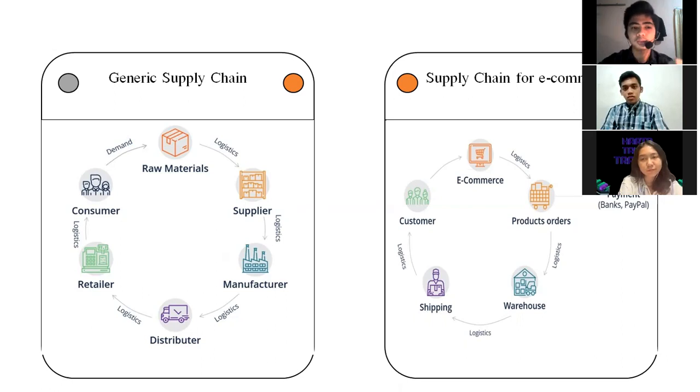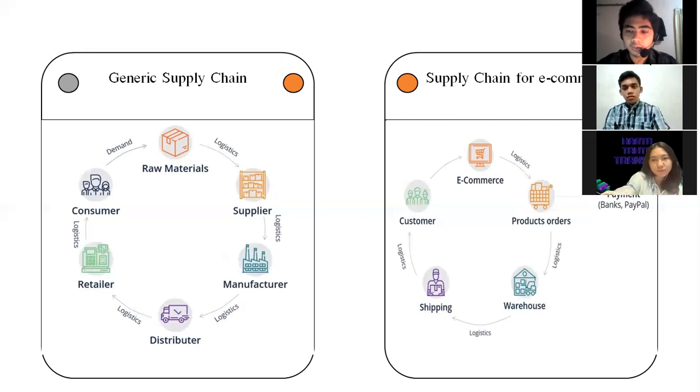After the manufacturer builds the thing that the consumer wants to buy, it is distributed through the process of logistics to the retailer, and from the retailer it comes back to the consumer, and that is the generic supply chain.